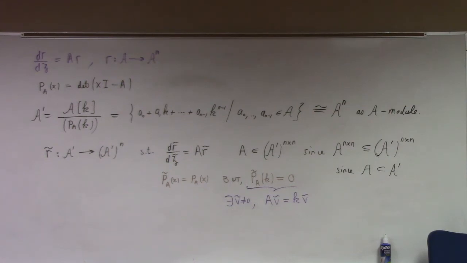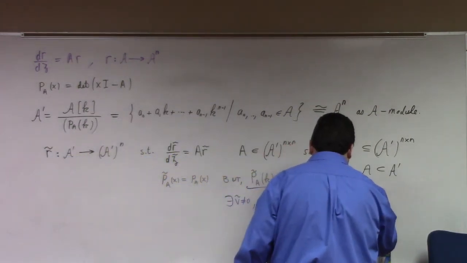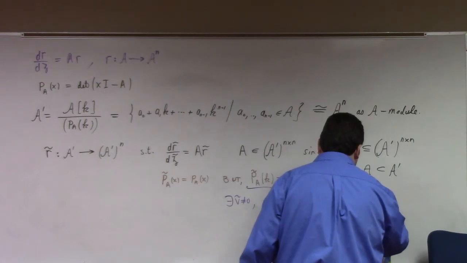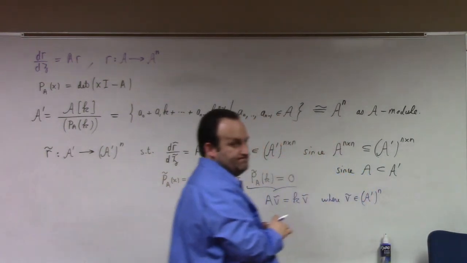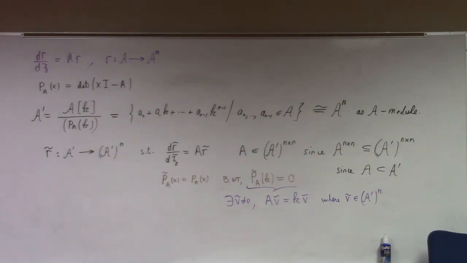But if that step is reasonable, where is v tilde? Here v tilde is an element of A prime, n tuples in A prime. In the extension algebra, we can find an eigenvector where we couldn't find one over the algebra itself.